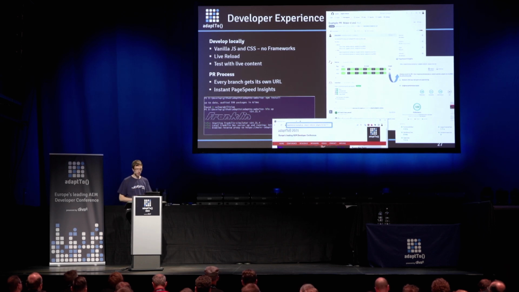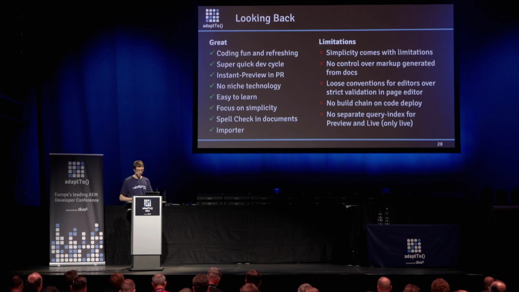Immediately you can call the URL and you see what you have done live and can experiment and can send it to a QA guy or to design people and so on to get a preview. And if they say yes, then you click merge and it's live. It's great, instant. And also setting up a new project, you clone the boilerplate, hit npm install, hlx up, and you're ready to go. It's really great.